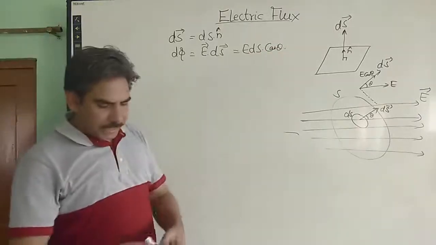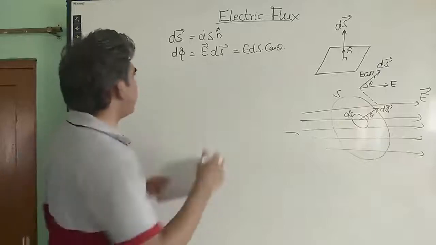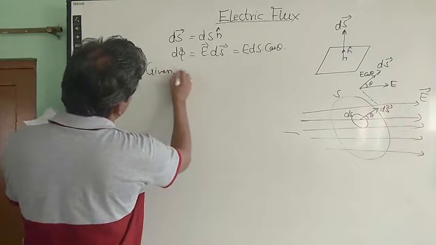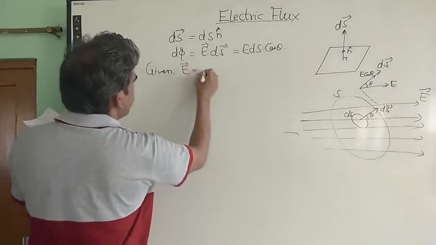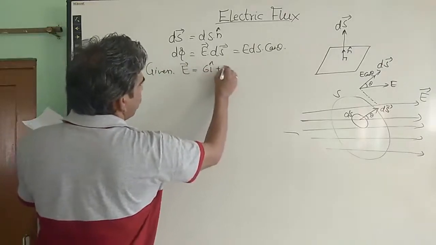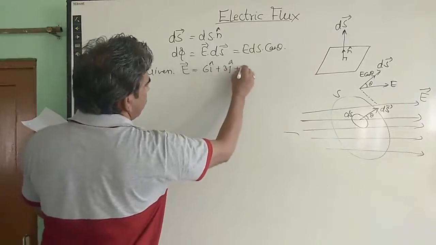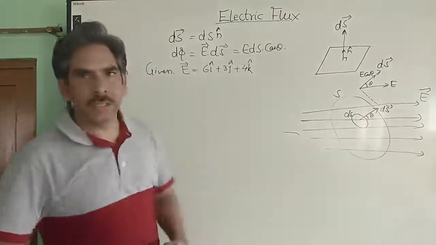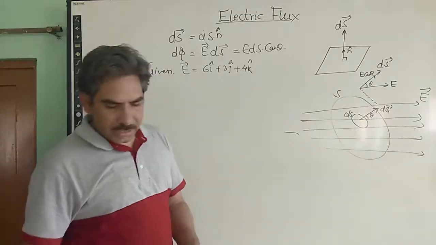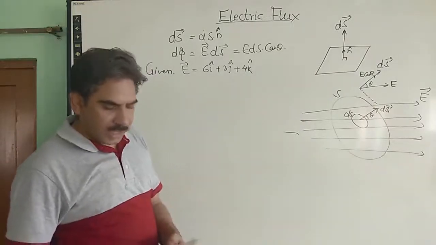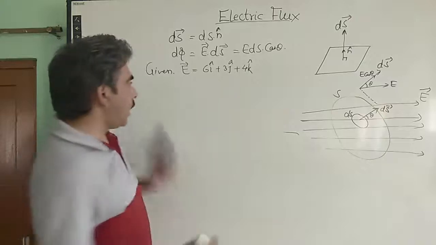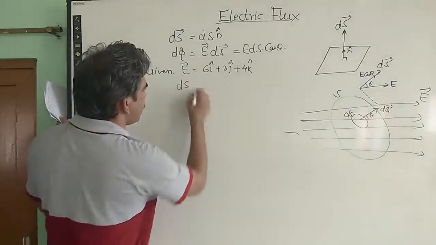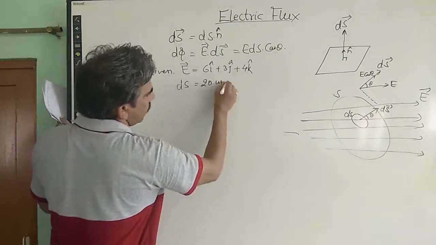The question here is, we are given an electric field E equal to 6 i cap plus 3 j cap plus 4 k cap. This is the electric field in its vector form, and it is passing through a surface area ds equal to 20 units.